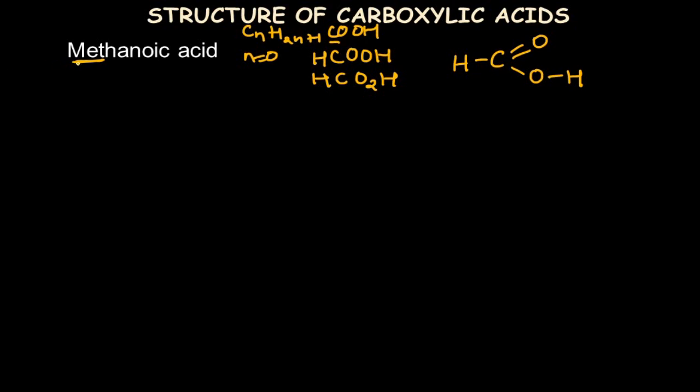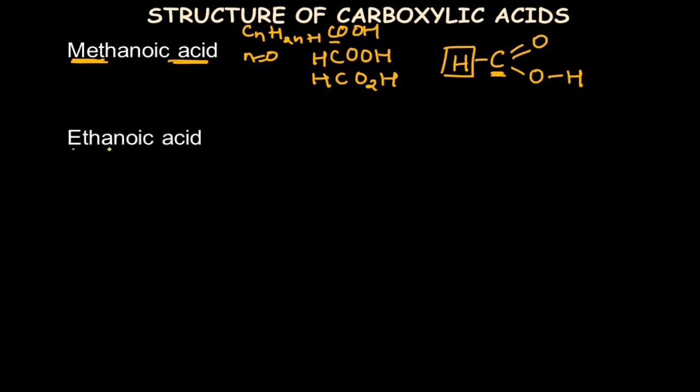We need to understand that in methanoic acid, or any carboxylic acid, the meth includes the carbon of the carboxyl group. So we already have one carbon in the carboxyl group, and we can't add any more carbon atoms in the chain.